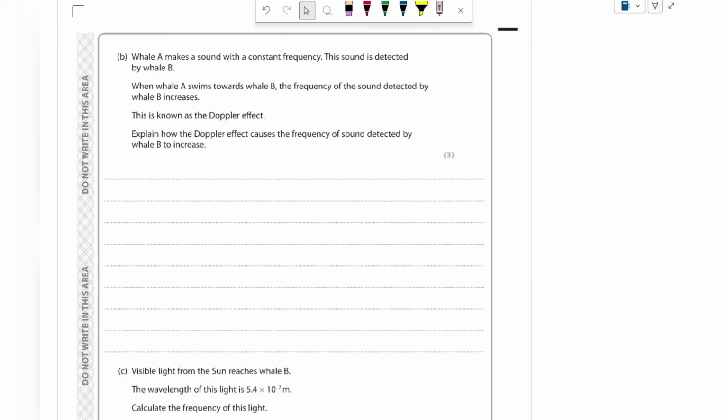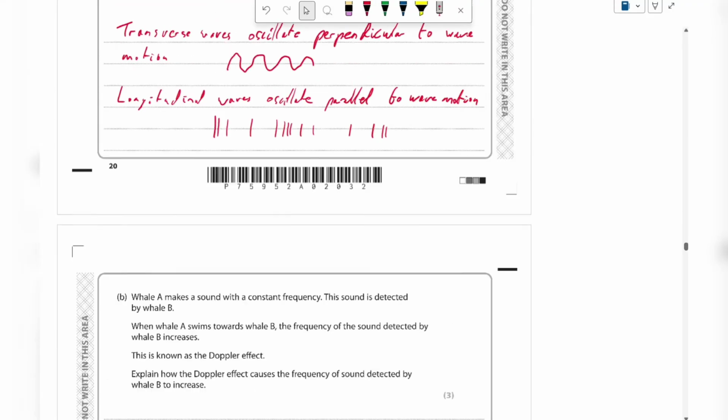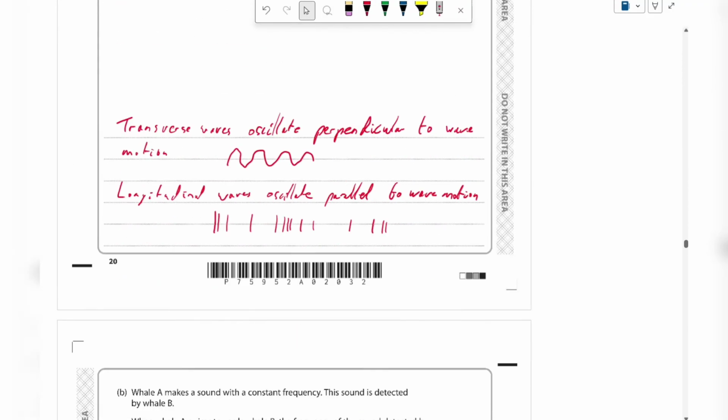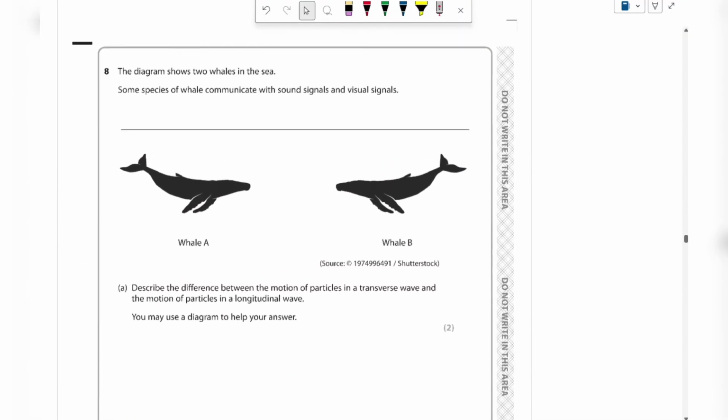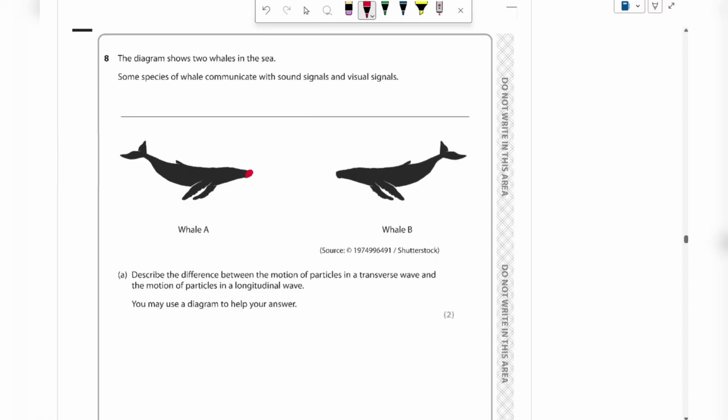Doppler effect. Explain how the Doppler effect causes the frequency of sounds to increase. This is quite a tricky one to explain. Whale A is moving. So whale A is making a sound here, and the wavefront looks like that.